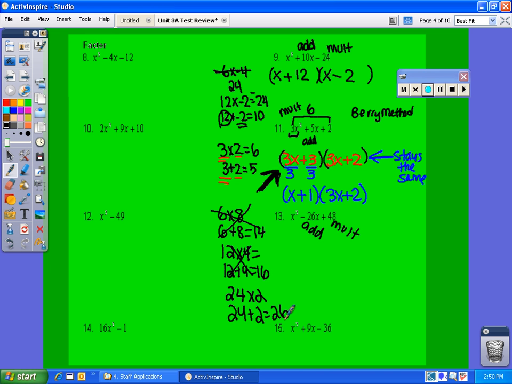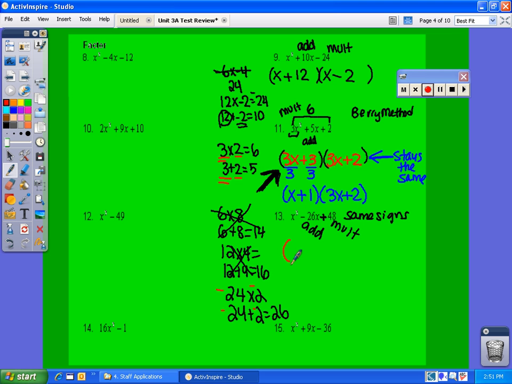So now we have a problem because we need to have a negative 26. So because this last number is positive and the middle number is negative, that means I have to have same signs. And the same signs will be negative, so those will be my factors.